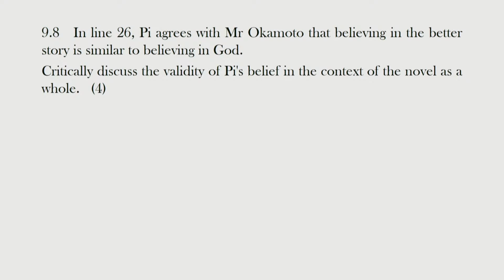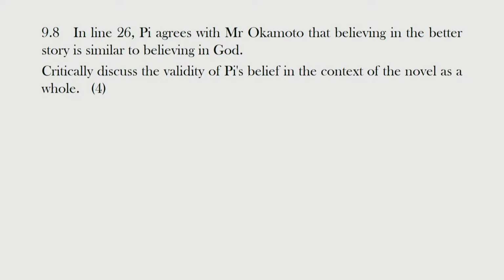So let's take a look at the actual lines here. In line 26, Pi agrees with Mr. Okamoto that believing in the better story is similar to believing in God. And yeah, I do agree. Critically discuss the validity of Pi's belief in the context of the novel as a whole.